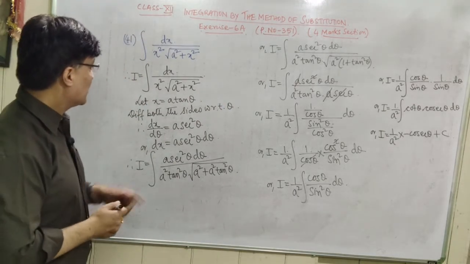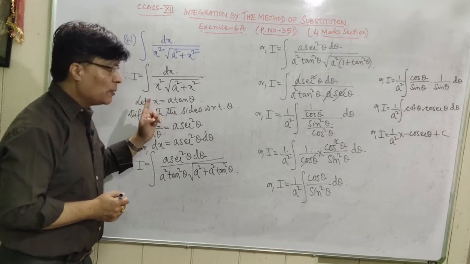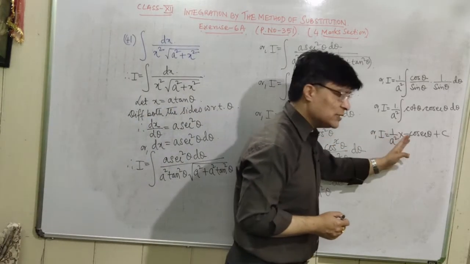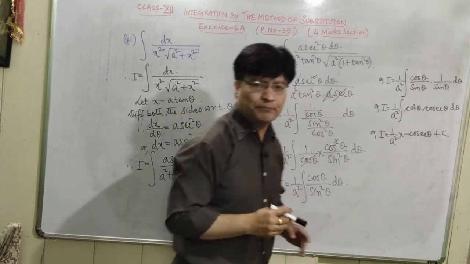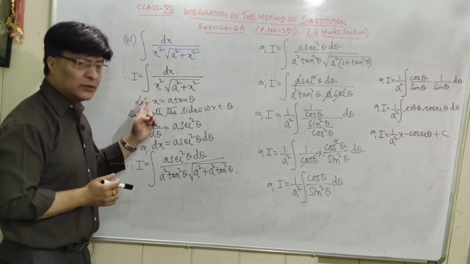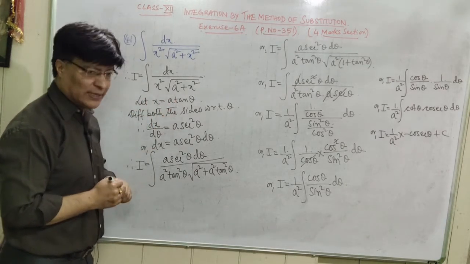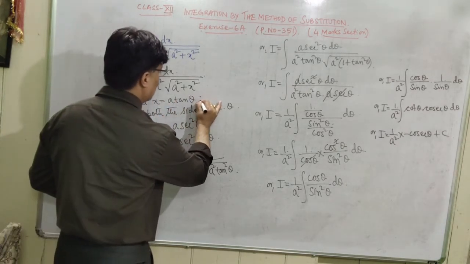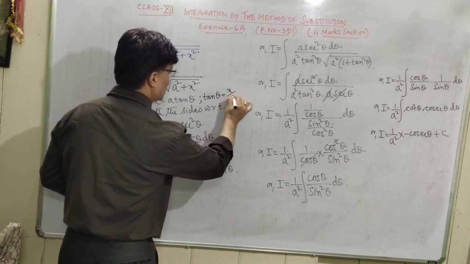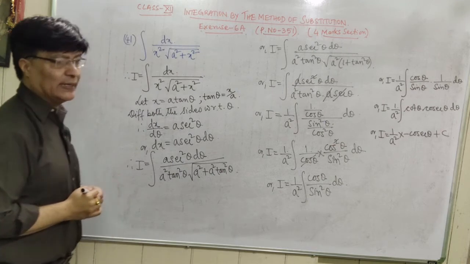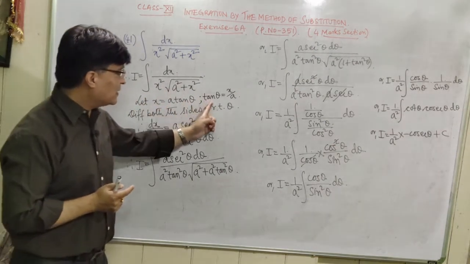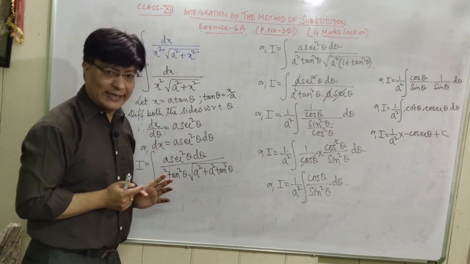Okay, so now, in this case we have got this answer in terms of cosec theta, but you should convert into x. Actually, we had assumed x is equal to a tan theta. So from here, what is the value for tan theta? Tan theta is equal to x upon a. So x is equal to a tan theta. That means tan theta is equal to x upon a.